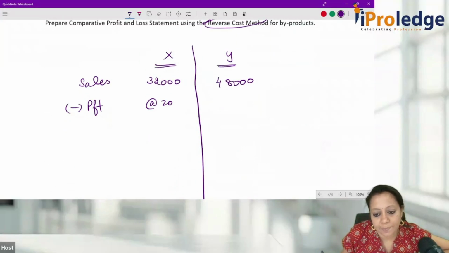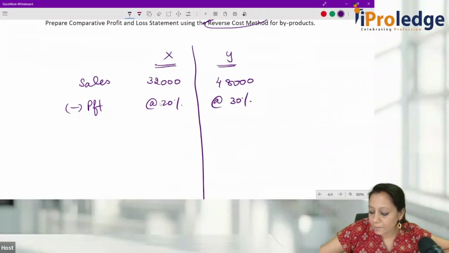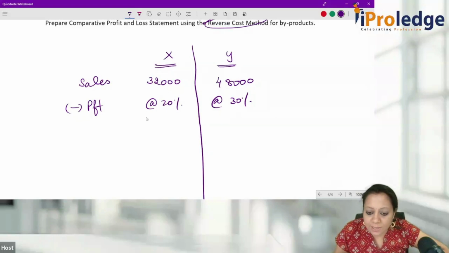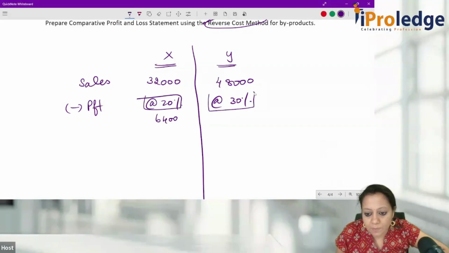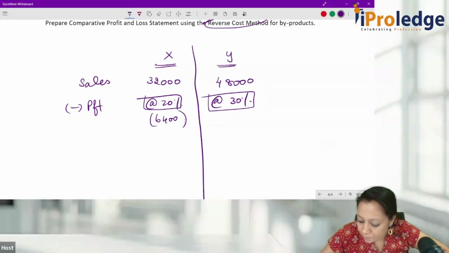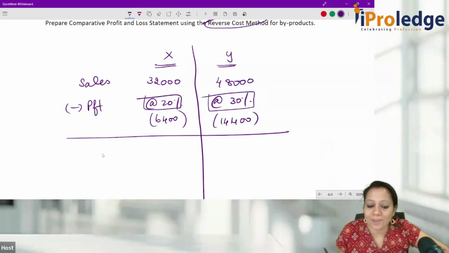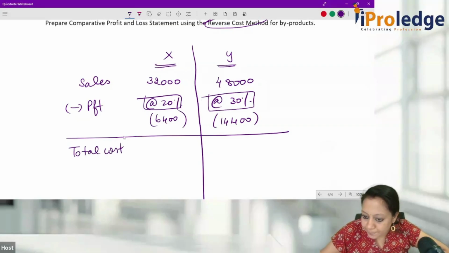That gives 6,400 and 14,400. So now we will have total cost, which is a balancing figure: 25,600 and 33,600.